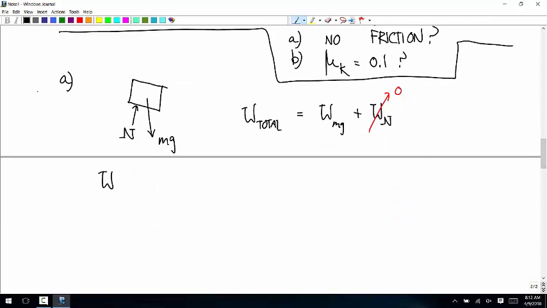And the work done by the weight force is equal to the weight force, which is 0, negative, I'll call it 9.81 m, dotted with the displacement. What do we know about the displacement? Well, I want to show you.